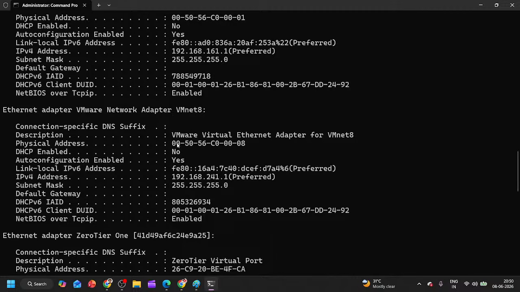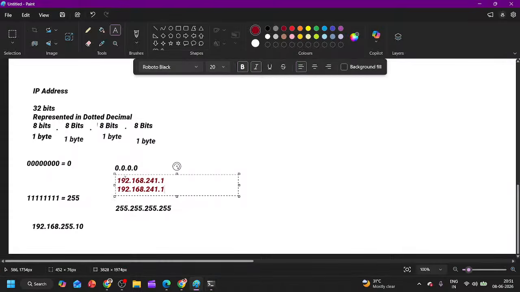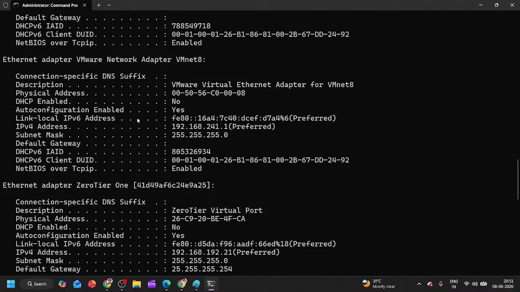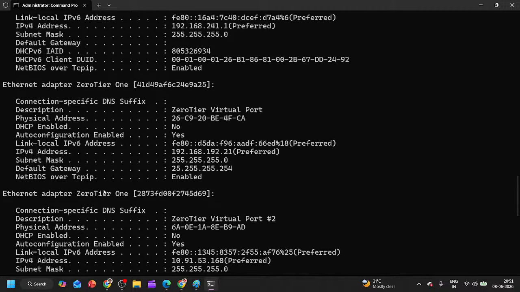On another interface also, there is a MAC address and here the IP address, 192.168.241.1. This is the IP address on another interface. Sorry, I think I have copied the same IP. Let me verify. This is the VM interface only. So let me show you the IP address on another interface.